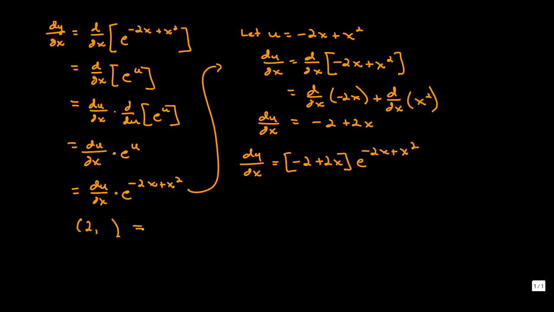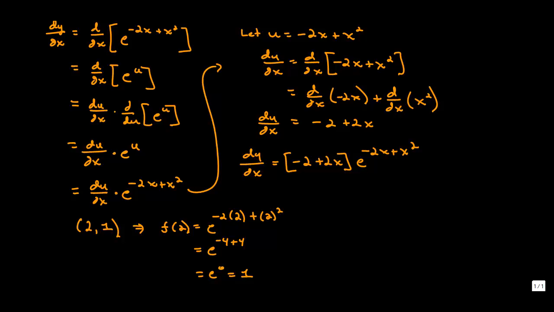So to get the y value, f of 2 is equal to e to the negative 2x. Oops, I got to replace that x with 2. Plus 2 squared. Well, this is e to the negative 4 plus 4, or e to the 0. And so we know that that guy is equal to just 1.